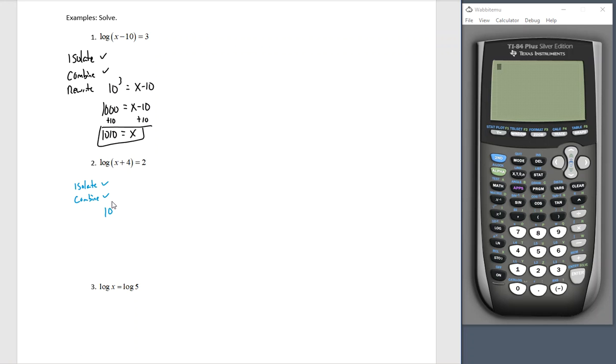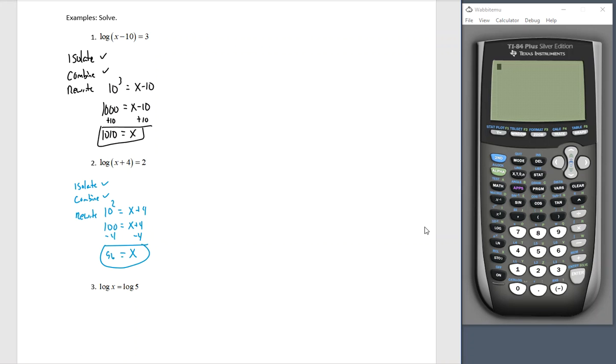So it's 10 to the power of 2 because the logarithm equals the exponent. 10 to the power of 2 equals x plus 4. 10 squared is 100. If we subtract 4 from both sides, we get x equals 96.